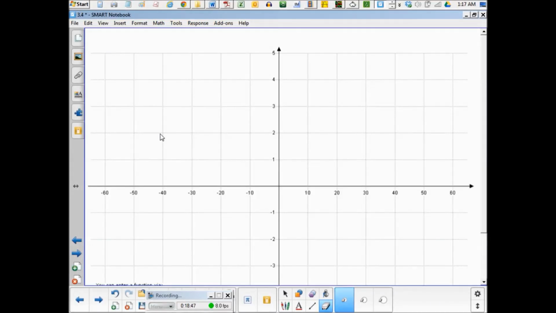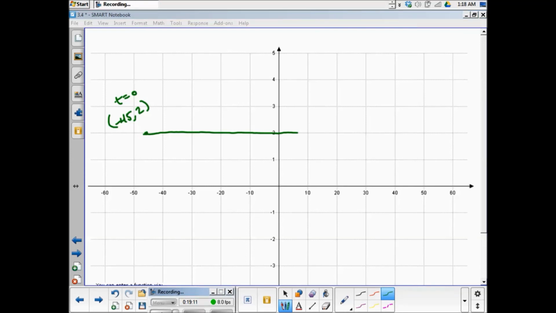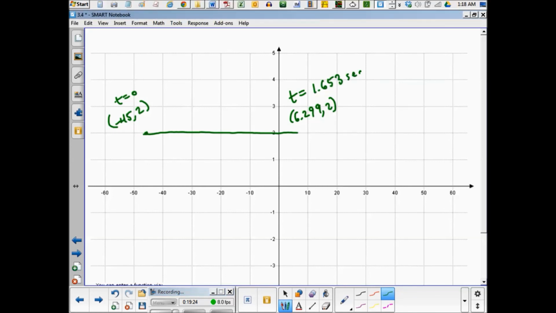Let's look at our motion one more time. We started, remember, at negative 4.5, 2 at t equals 0. The object moved to the right, to the point 6.299, 2, and that happened at t equals 1.653 seconds.